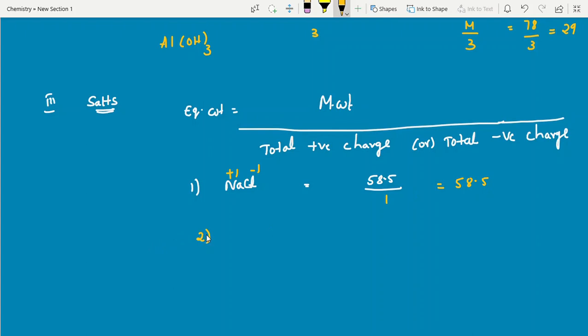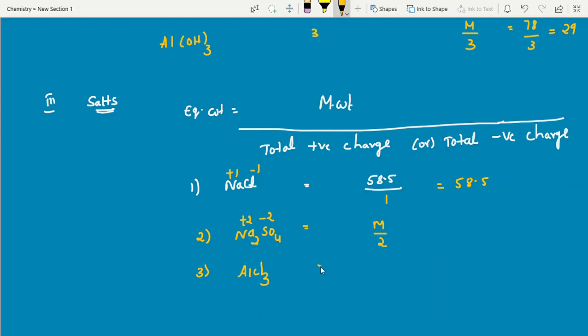Now go for the next question, Na2SO4. So can you calculate? You can take the molecular weight as M to save time. So what is this? Plus 2. What about this one? Minus 2. Actually, per atom we are giving oxidation states, but here total positive charge you can take, so M by 2. That's it. If you go for the next calculation, suppose AlCl3 is there.